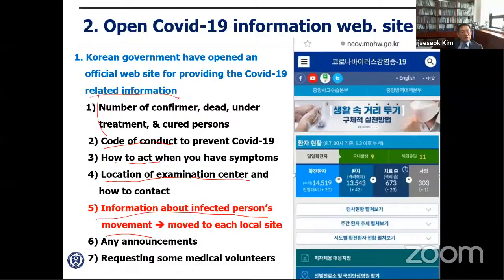However, as the number of infected persons increased, item number 5 moved to each local district website. This one shows the main page of this website.